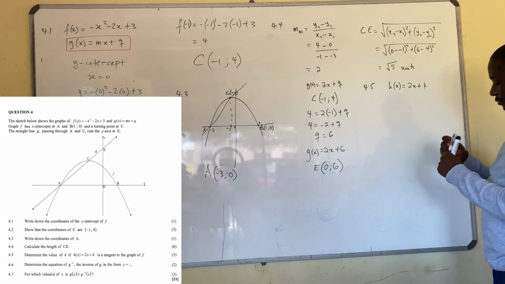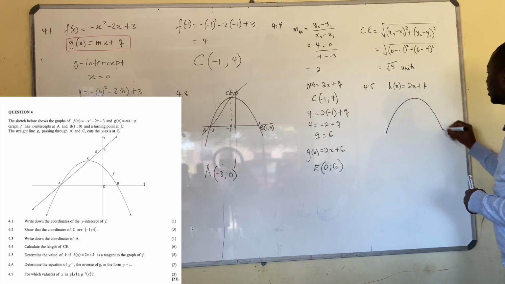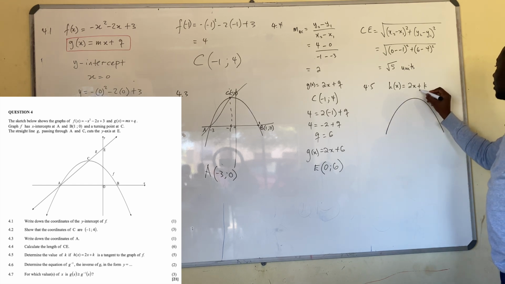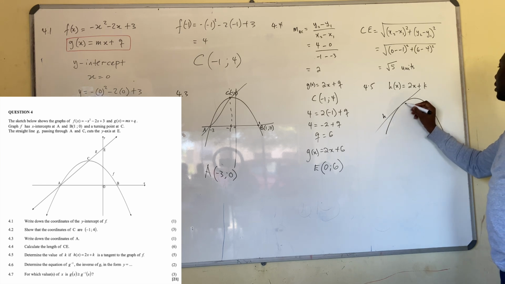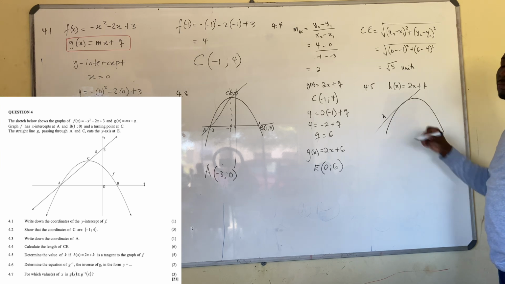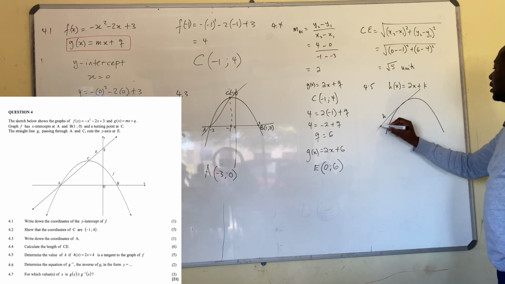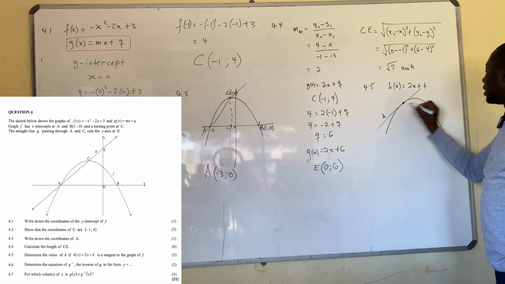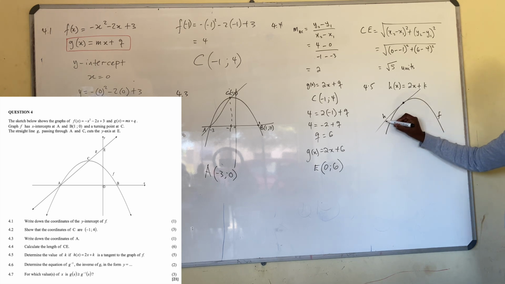if I have my f, let's say, sketch it here. So this is my f, right? And then I have a line h. Let's assume it's just touching. As we know, a tangent just touches, right? So my tangent h touches f at this point. I know the gradient of my tangent.